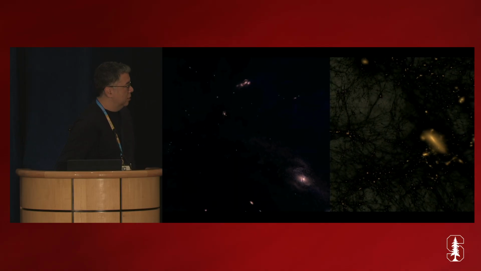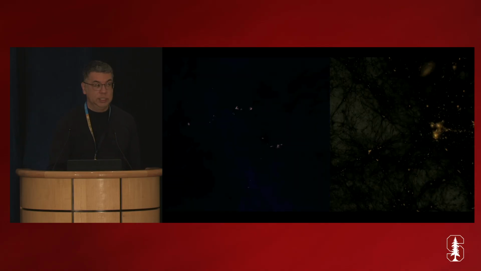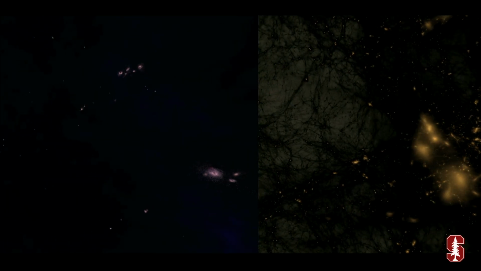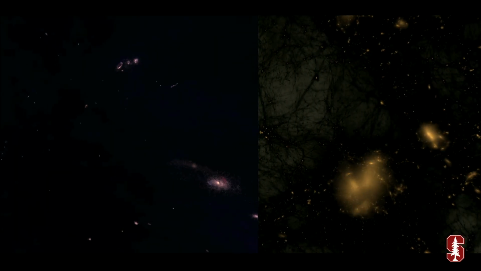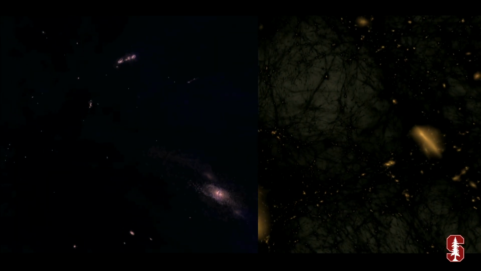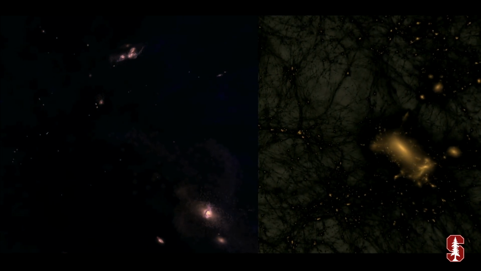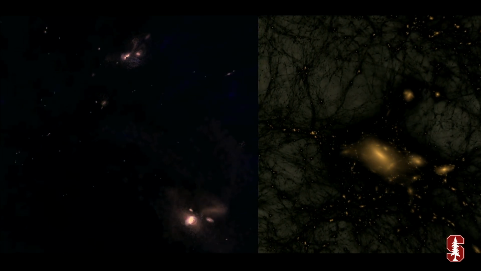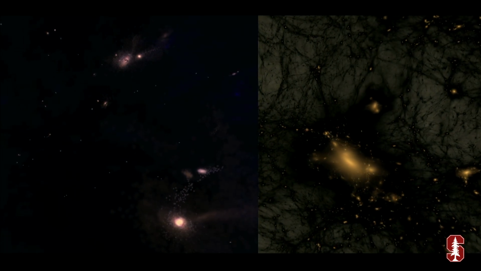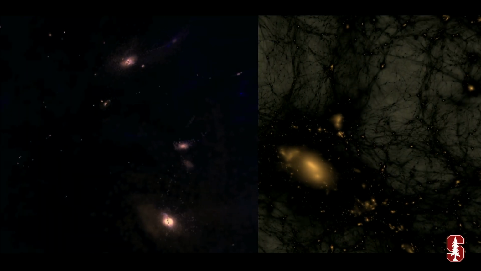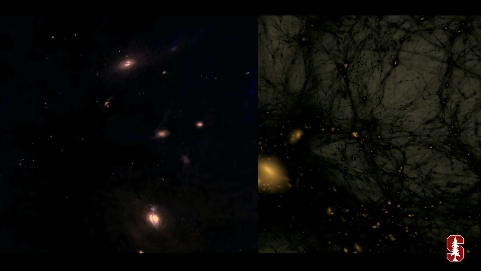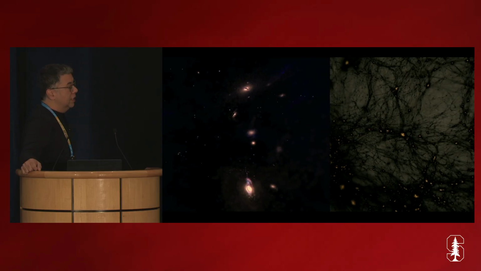What I'm showing here are simulations done at KIPAC by colleagues Tom Abel, a professor here, and Risa Wechsler, along with Ralf Kaehler, who's a visualization expert. What I want to show you is this dichotomy in large-scale structure theory between dark matter on the right, which only interacts gravitationally and is easier to model because it's just a bunch of points interacting over 1/r² attractive forces, and on the left, galaxy formation.